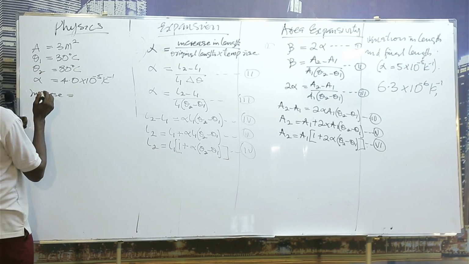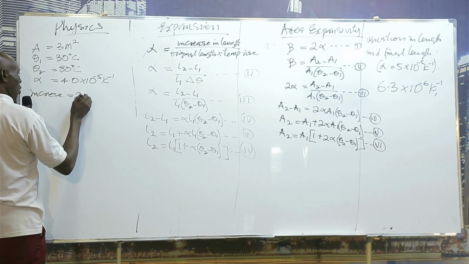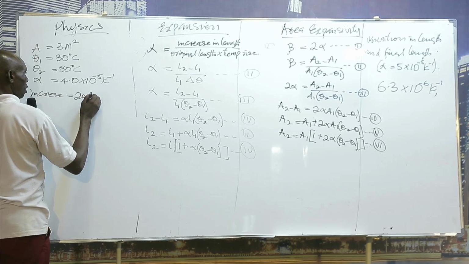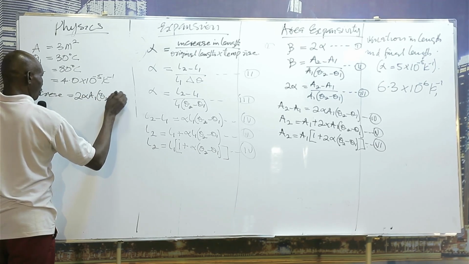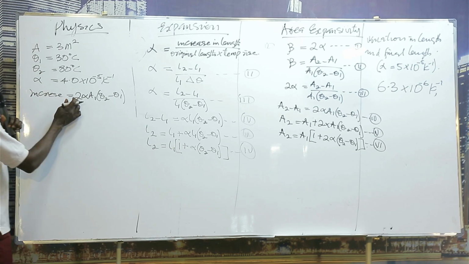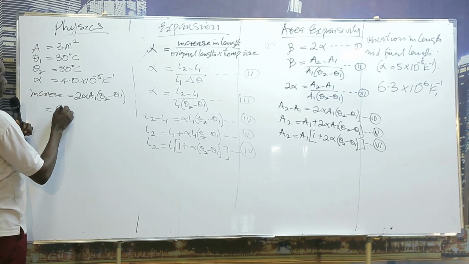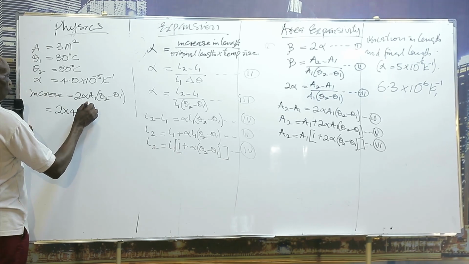Increase equals area, by area means 2 alpha A1 change in temperature. That's the increase. I give it to you as increase, as variation, as safety gap. So this is what you're supposed to use directly. 2 times alpha is 4 times 10 to power minus 5.